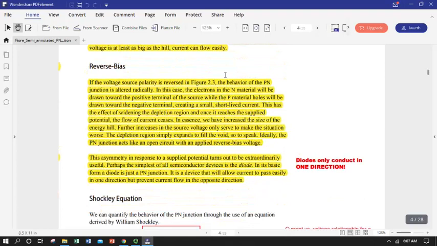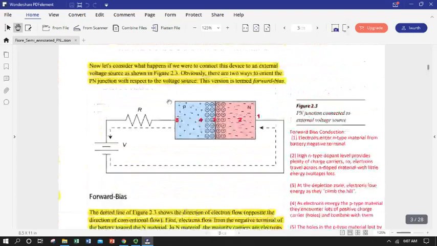It just doesn't take a lot of energy, in terms of external voltage, to get those charges to jump the hill, or to climb down the hill in the case of the holes, and conduct. So the diode, or the PN junction, will conduct easily in this mode. So this is known as forward bias.